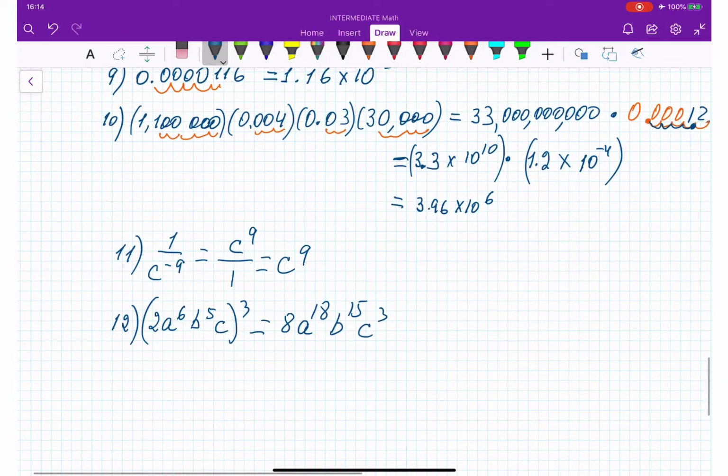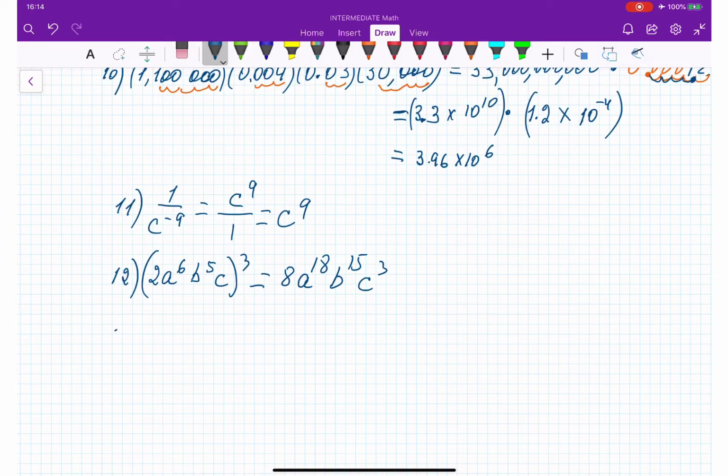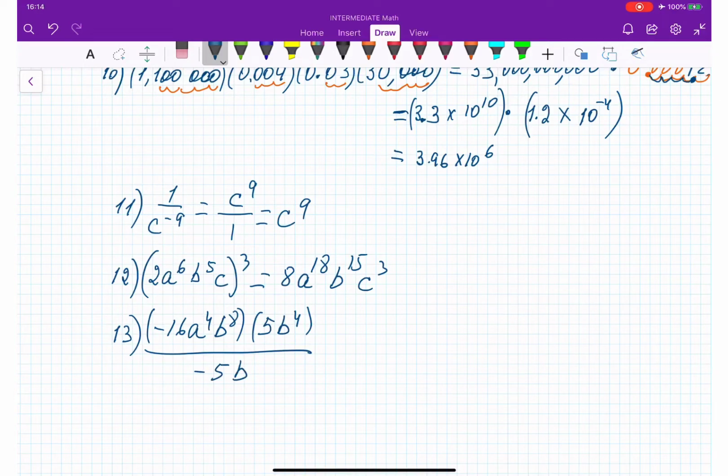Question number 13. So negative 16, a to power 4, b to power 8 times 5, b to power 4. And we divide by negative 5, b to power 7, and here is a also.